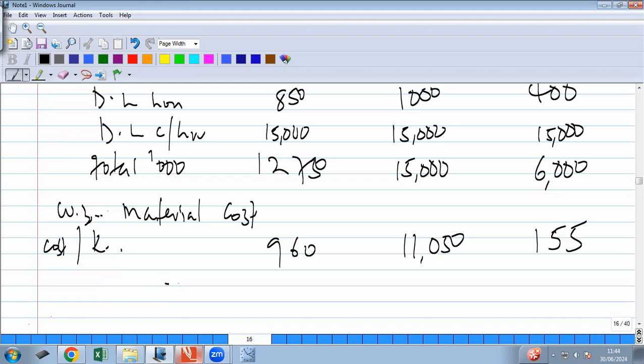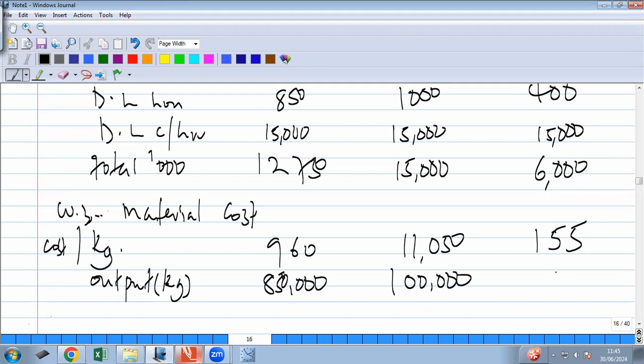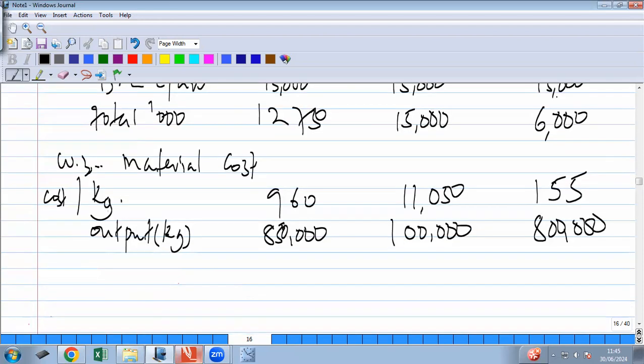This is cost per kg, and this is output. Output is in kilograms, right? This was 850,000, 100,000, 800,000. Okay, so we are going to have our total here, but still remains in thousands. What is the total?